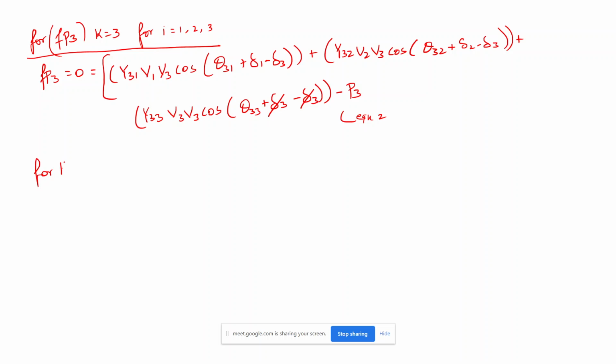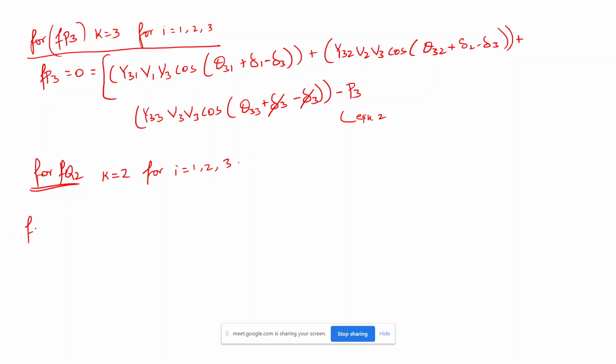Okay, so next we need to find out for Q2, right? So this is for Q2, and what is K here? It must be theta only, then we will not get confused, because we need to find out 2. K is equal to 2, and for I is equal to 1, 2, 3, right?